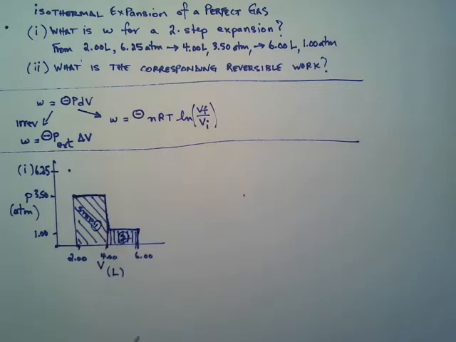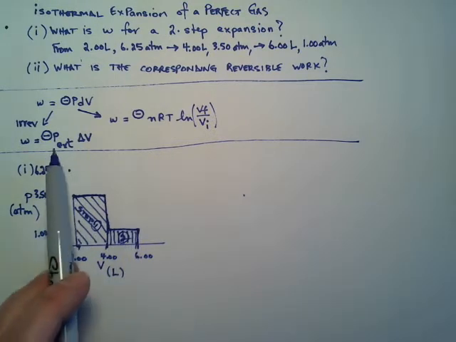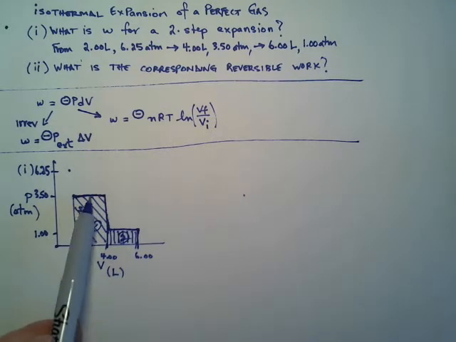And the work is minus P external delta V. So again, that P external is 1 atmosphere, and there's my delta V. In this step, my P external is 3.50 atmospheres, and my delta V is 4 minus 2.